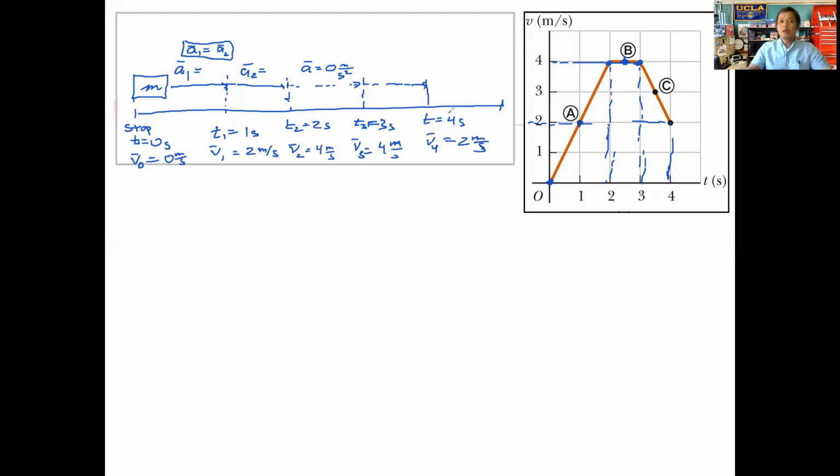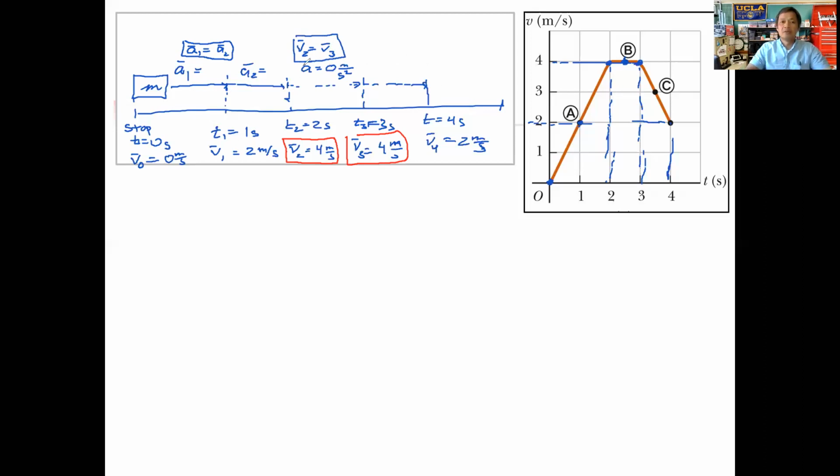Why? Well, first of all, the slope is 0, but we also notice that the velocity we start out with in that time interval and the velocity we end up with are exactly the same. So between t equals 2 seconds and t equals 3 seconds, the velocities are the same because the acceleration is 0.